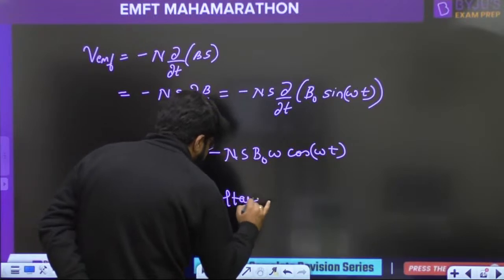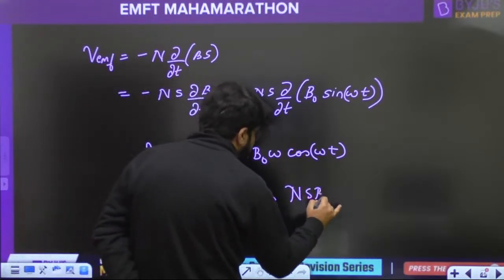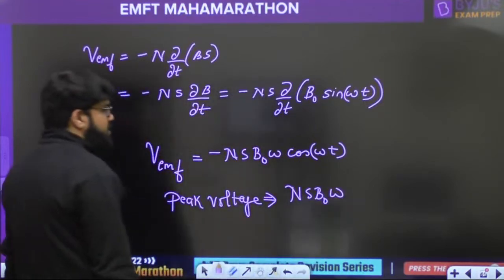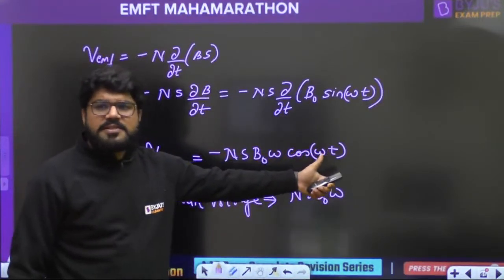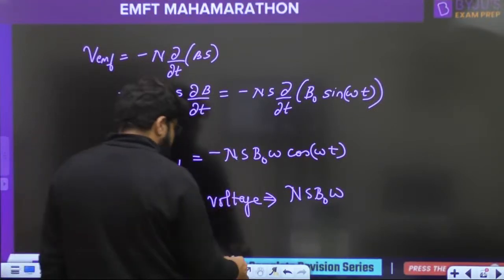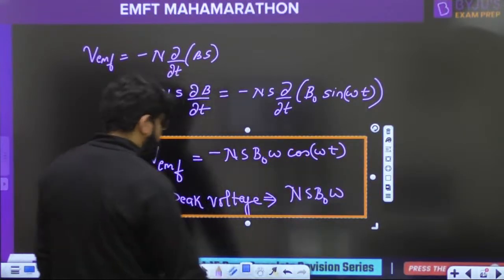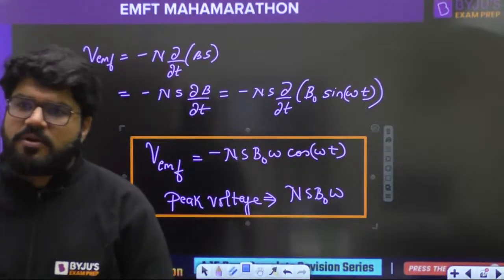Sometimes they only ask the peak voltage. Peak voltage means amplitude, which is nS B naught omega, just like A cos omega t.